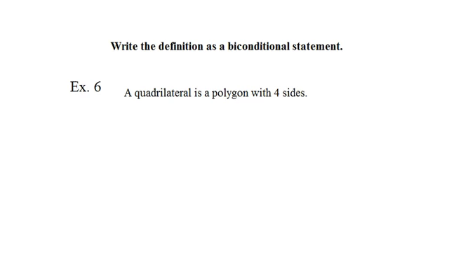All right, so in example 6, a quadrilateral is a polygon with 4 sides. And typically with a definition, you will have the term as the P statement, and then you will have the rest of the definition as the Q statement. Sometimes you have to add a few words to the P statement when writing the biconditional just for sentence structure and flow.